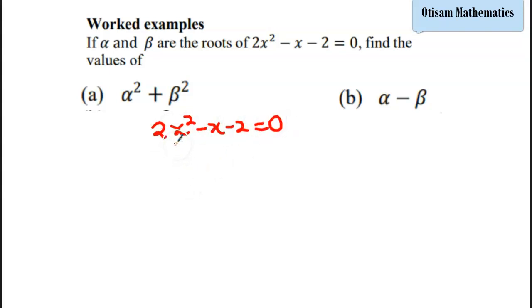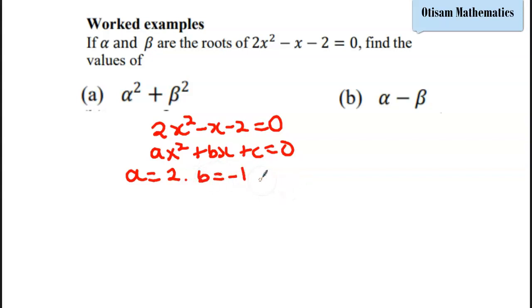First, let's compare it with the standard quadratic equation, which is ax squared plus bx plus c is equal to 0. Now when you do that, what is our a? a is 2, b is minus 1, and then c is minus 2. And then we find the sum of roots.